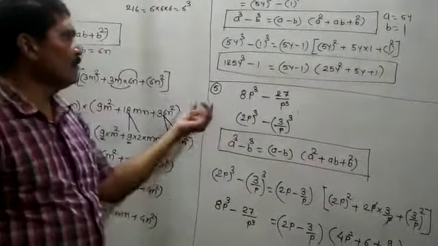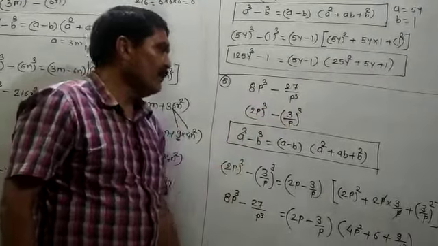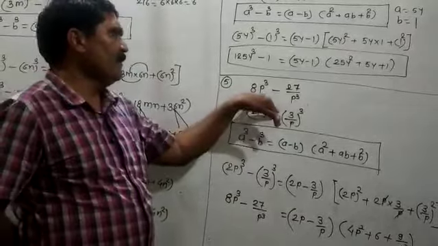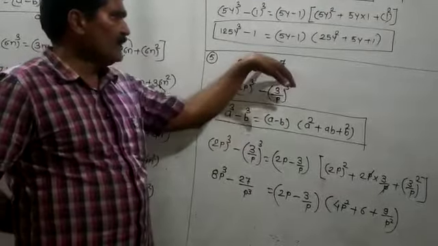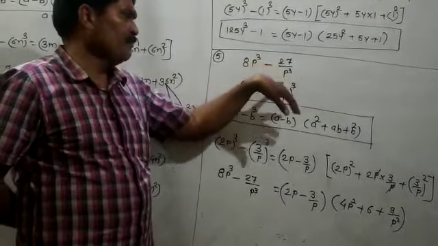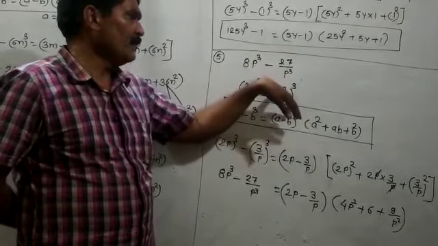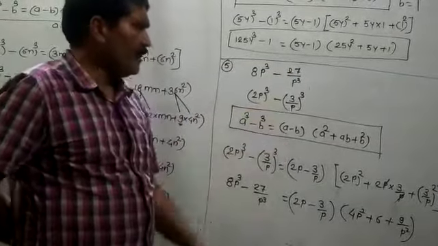Then you have to come to question number 5. 8p cube minus 27 upon p cube. This 8p cube is the perfect cube of 2p, and this 27 is the perfect cube of 3. This p cube is the perfect cube of p. So 27 upon p cube is the perfect cube of 3 upon p.